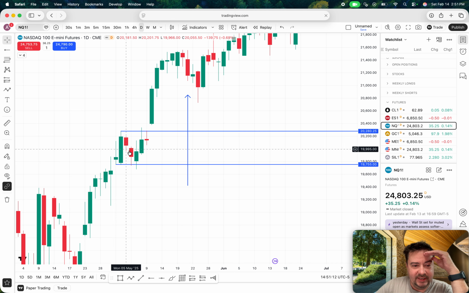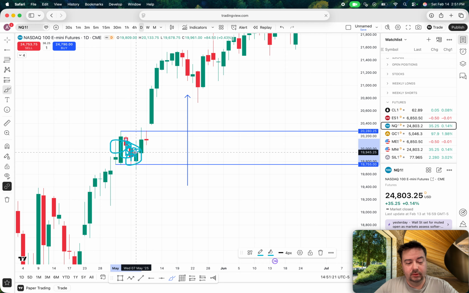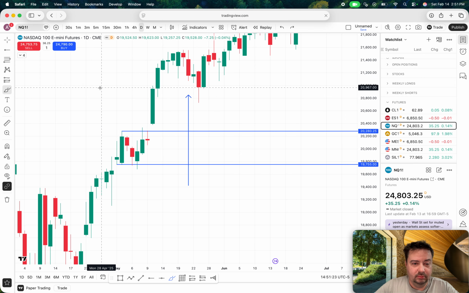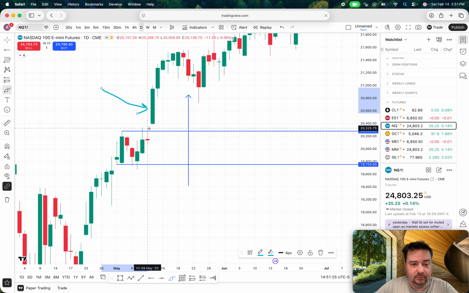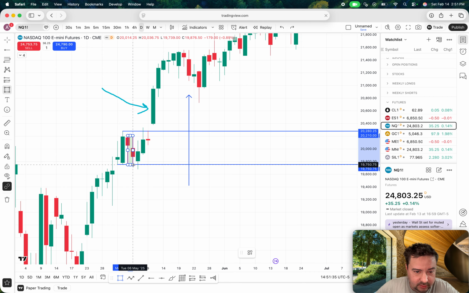It's going to be the downward move before the sweep of that liquidity. So whenever we make our order block, it's from here down to here.